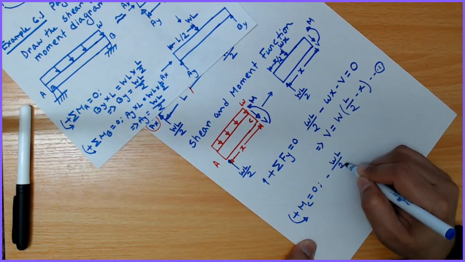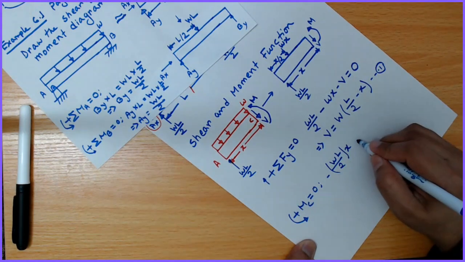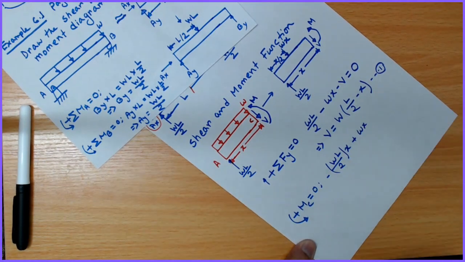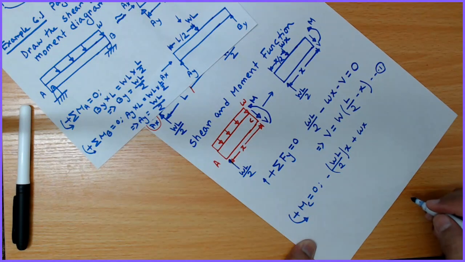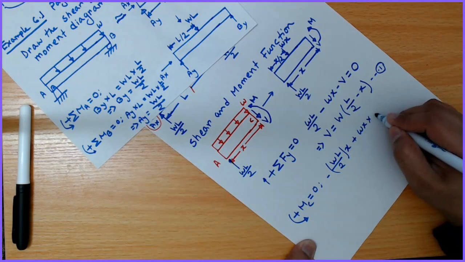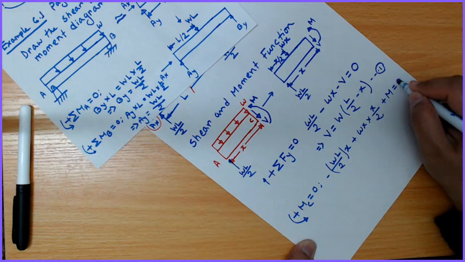WL by 2 multiplied by X, minus Wx multiplied by X by 2, plus M equal to 0.